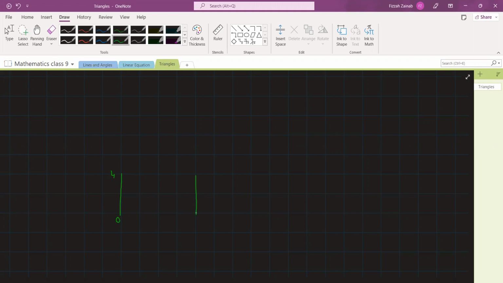So 0, then 4, then you have 8, 12, 16, then next will be 20, right? So if you have an interval 16 to 20, can you spot 19 here? This is 20 minus 16, which is 4, and this 4 is divided into 10 parts. So one interval is actually 0.4, right? So not 0, this will be 16.4, like that.